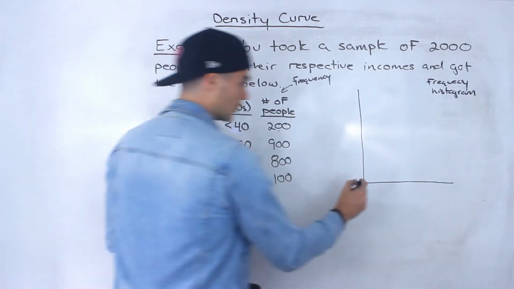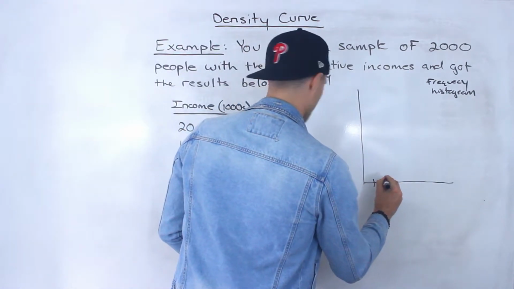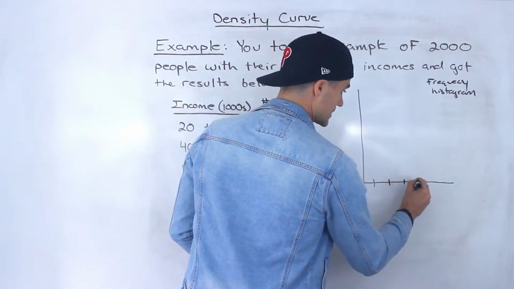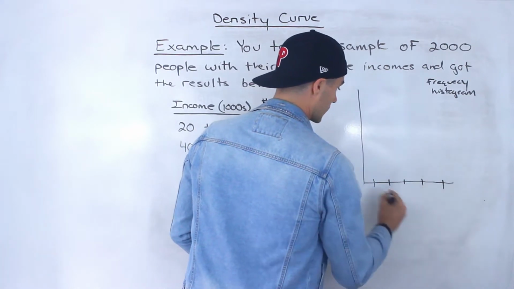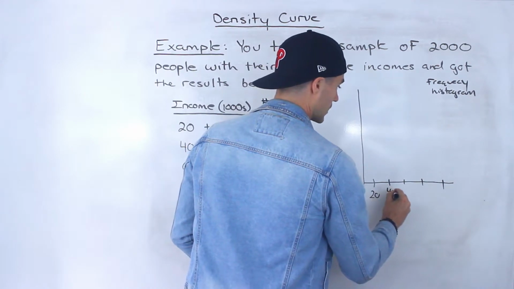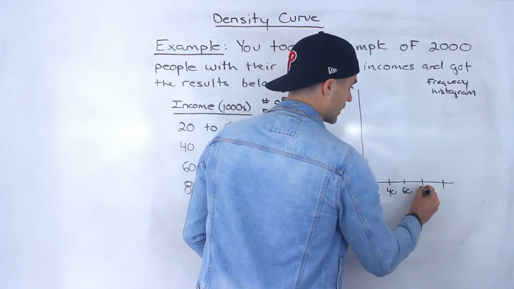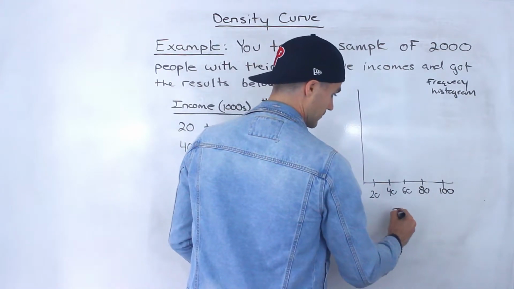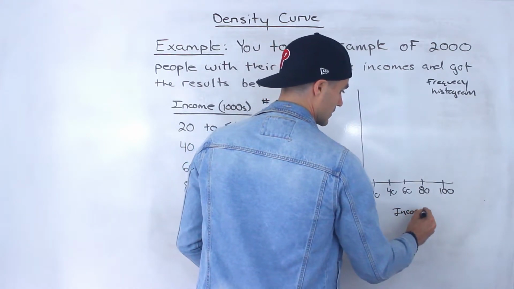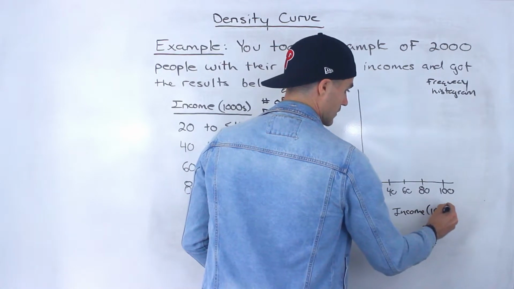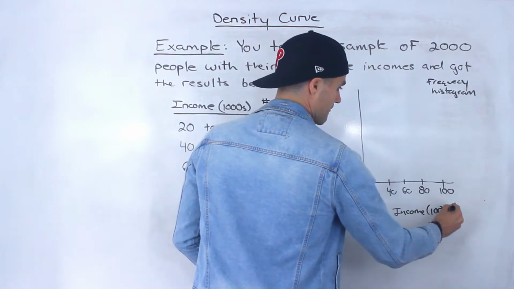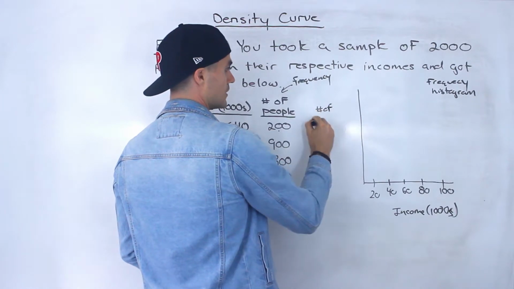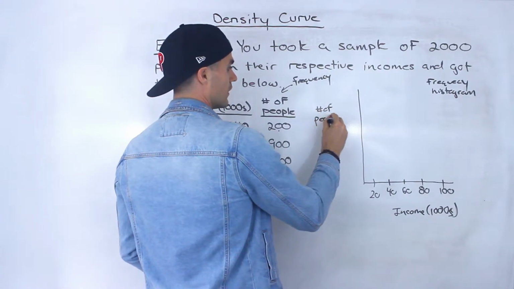So we're going to go 20, 40, 60, 80, and then 100. And this is income in thousands. And then the y-axis is going to be the frequency or the number of people.